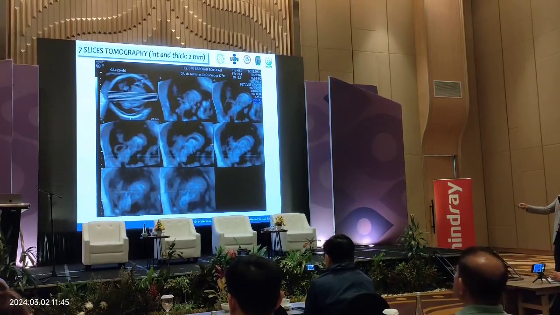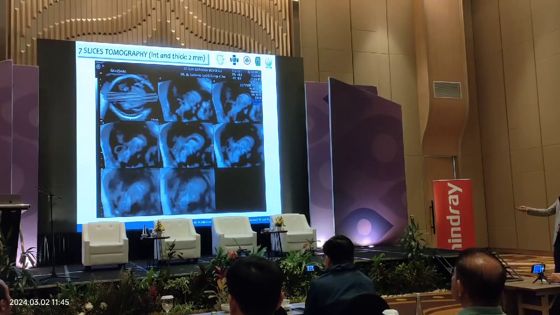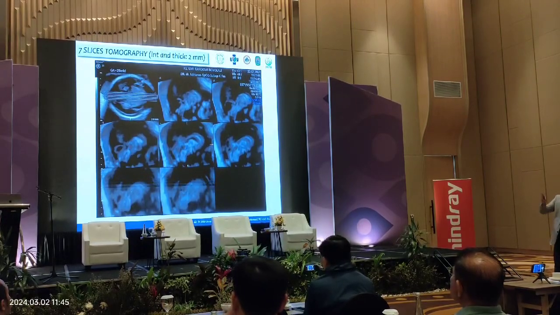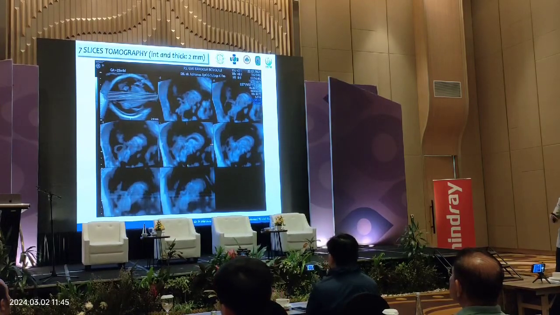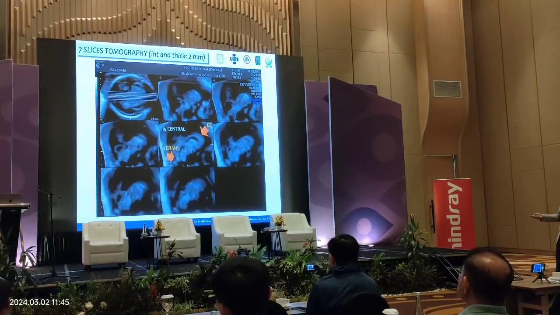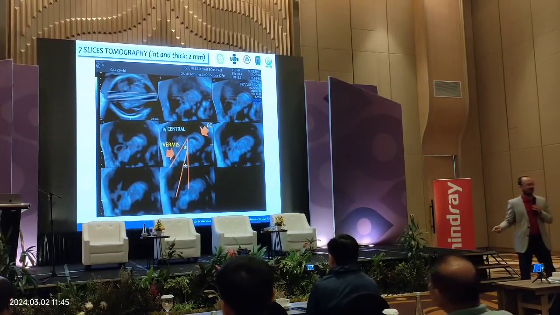You see the center point representing the middle slice, and the others representing the left and right side of the brain, if you are slicing sagittally on the axial plane. So this one is clear. Okay, this one is corpus callosum, and this one is vermis, and you can measure the angle.